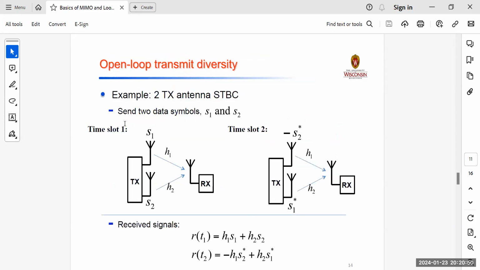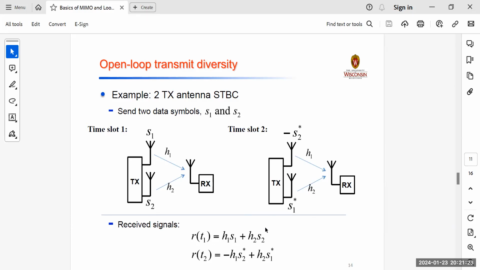You can see that we have time slot 1 and time slot 2. In time slot 1, you're sending the symbols S1 and S2, and H1 and H2 correspond to the channel. So RT1, that is the received signal at time instant T1, would be H1 convolved with S1, or in the frequency version, you can say the multiplication of these two, plus H2 S2.